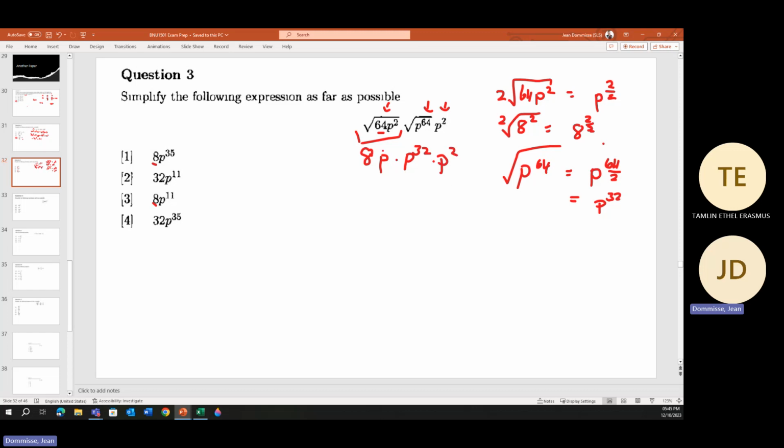So we sit with P1 plus 52, so it's 53 plus 2, which is p to the power of 55. And in front we have the 8. So 8p to the power of 35. You can see there's also the p to the power of 35 with a 52.